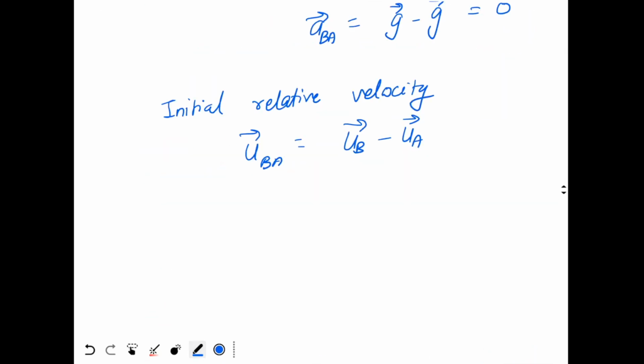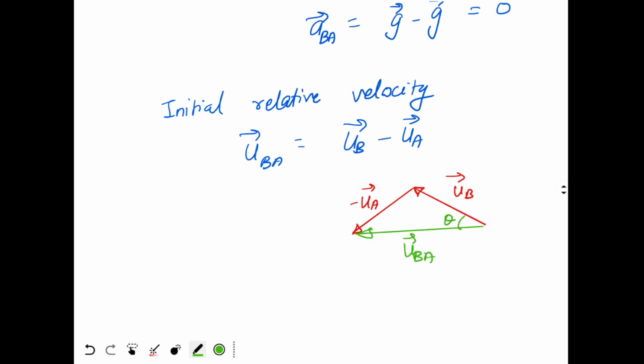This is u_B vector, correct? Then here I draw this line. This is minus u_A vector, right? Then this will be my u of B with respect to A.